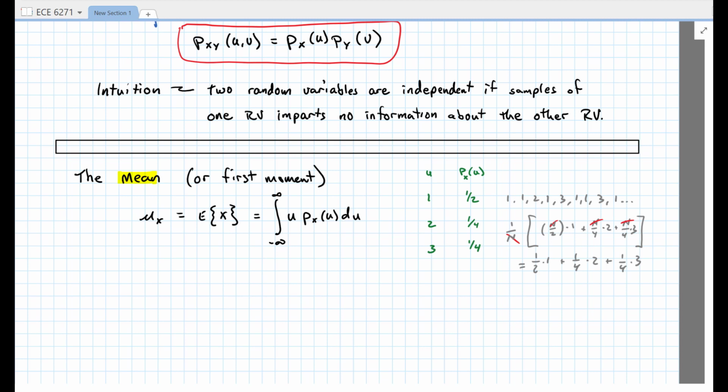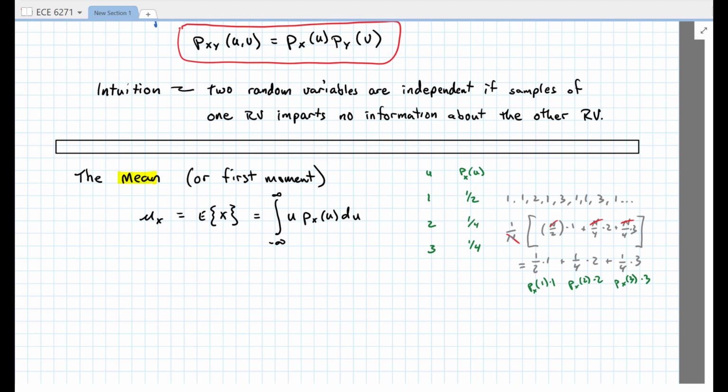In as much as an integral on continuous values is like a sum over discrete values, we have the probability of a 1, the probability of a 2, the probability of a 3, times those particular values, times 1, times 2, and times 3. And that will give us the expected value, or the average value, if we did this over a very long time.